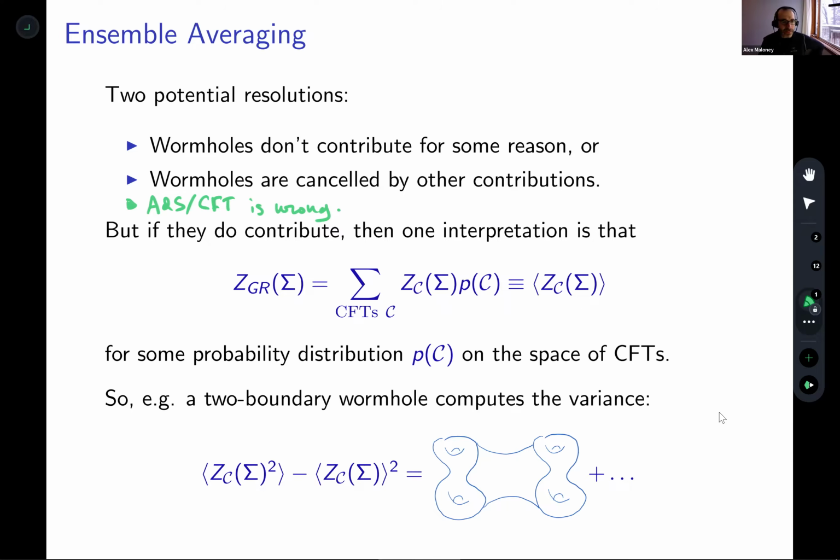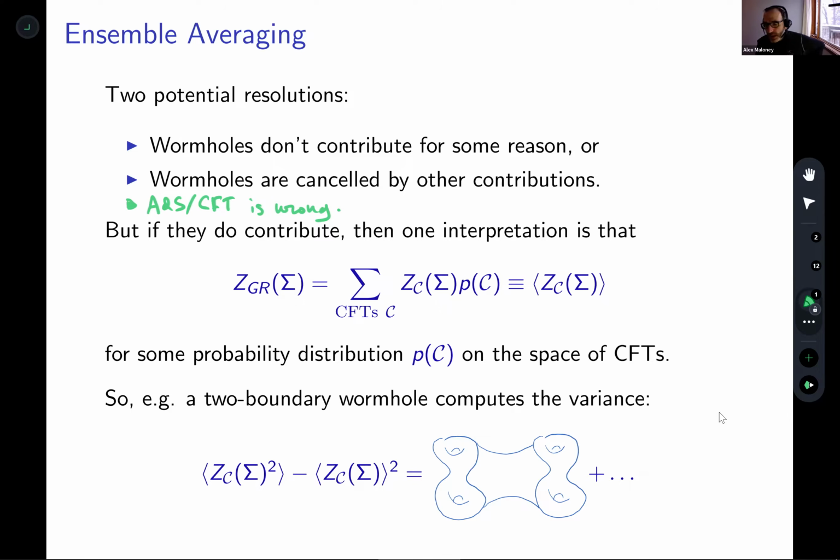And then think of AdS/CFT as a sort of more generalized relationship between gravity and conformal field theories, where instead of a particular theory of gravity being dual to a particular conformal field theory, it might be that there are some theories of gravity which are equivalent not to a single conformal field theory, but rather to an ensemble of conformal field theories.